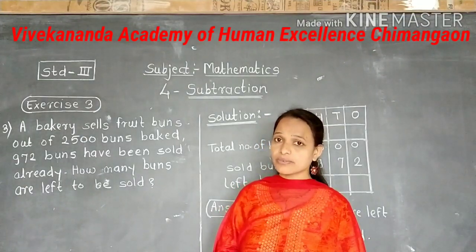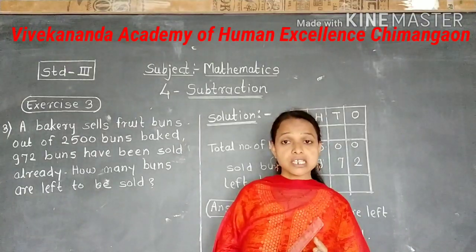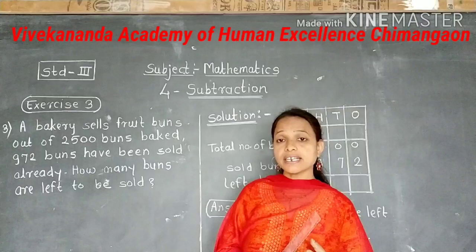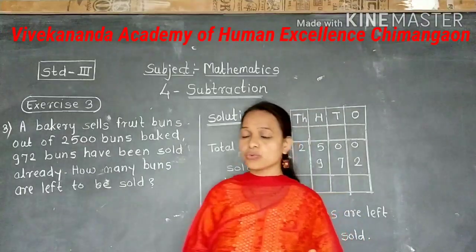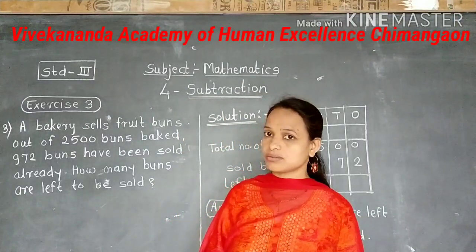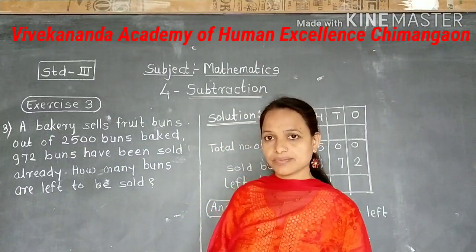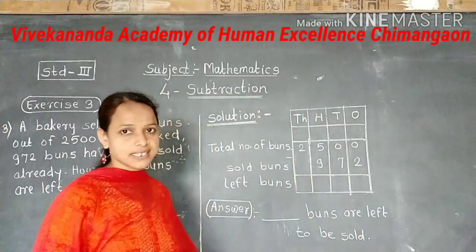Understood? What is given? Total number of buns baked, and also 972 buns have been sold. And what you have to find? The buns left to be sold in the bakery. Understood? Now we will solve that example.